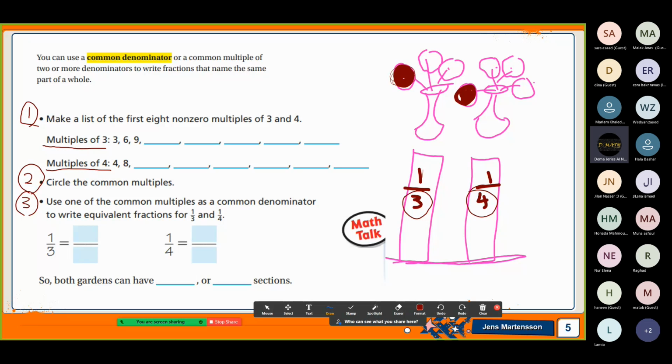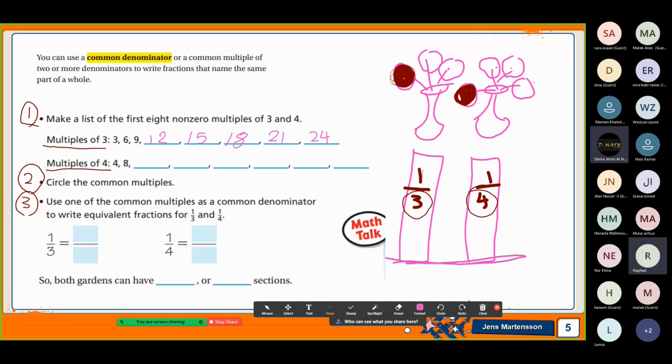So let's start now with how to write the multiples of 3. What are the multiples of 3? 3 times 1? 3. 3 times 2? 6. 3 times 3? 9. 3 times 4? 12. 3 times 5? 15. 3 times 6? 18. 3 times 7? 21. 3 times 8?